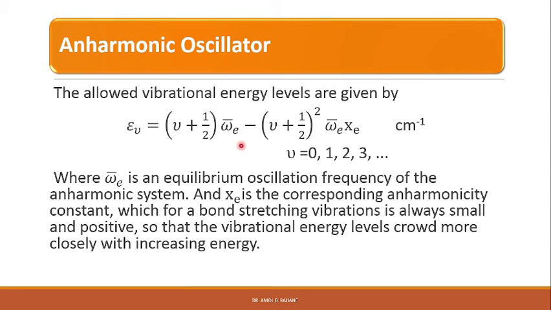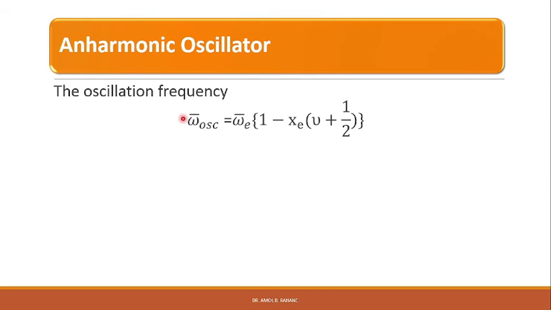Within the parabolic approximation omega bar oscillations is equal to omega bar E. So the oscillation frequency is given by omega bar oscillation, which is equal to omega E bar into 1 minus Xc into nu plus half, right.